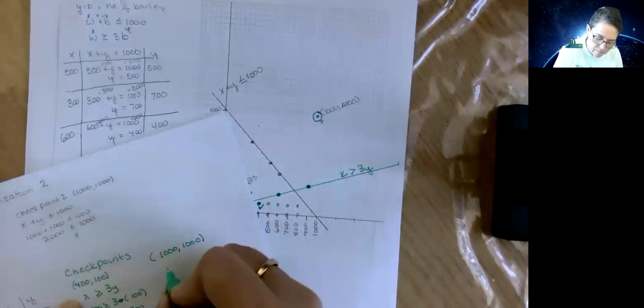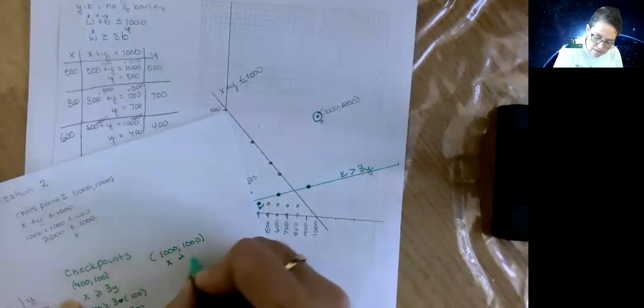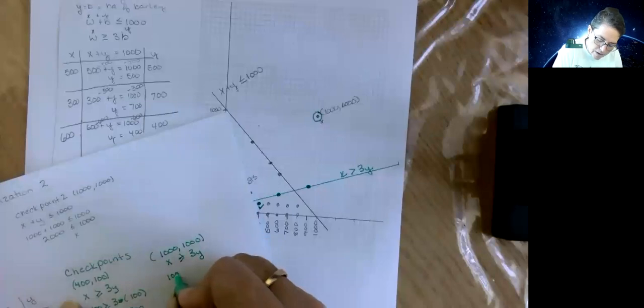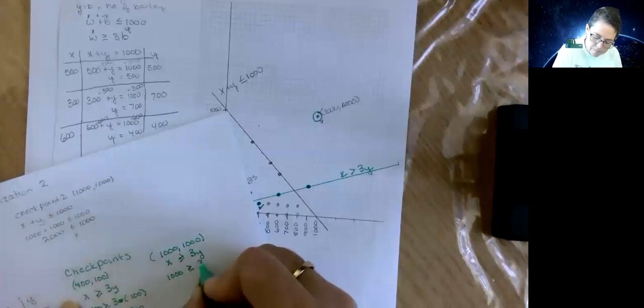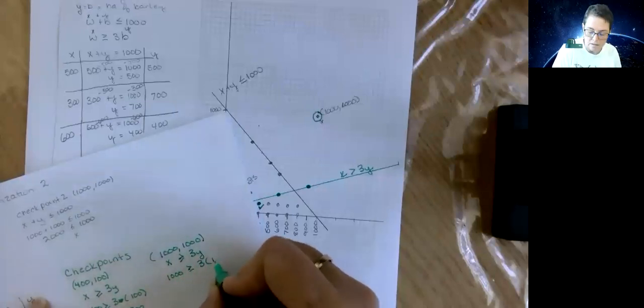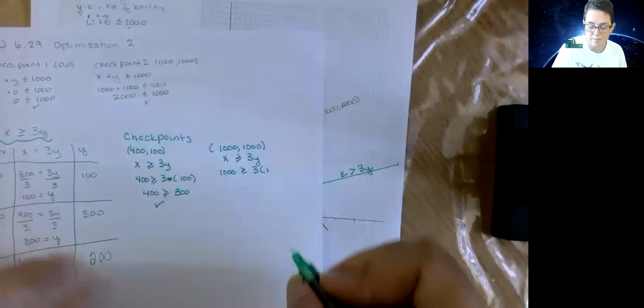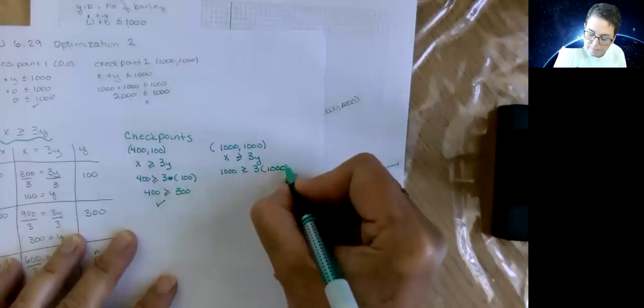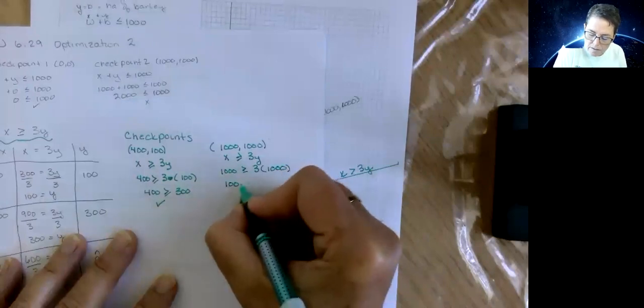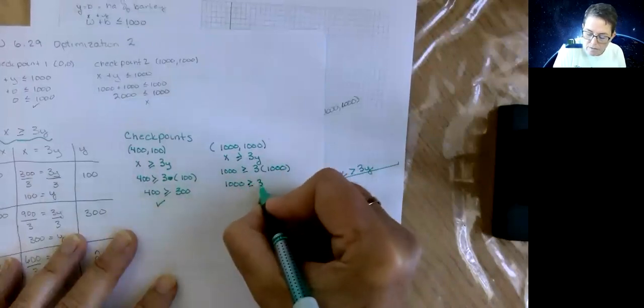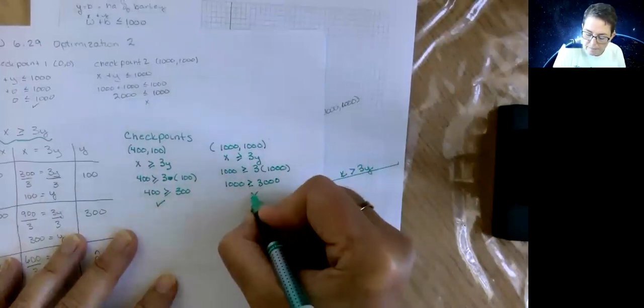So x is greater than or equal to 3y. This isn't going to work. That's okay. It's not supposed to. 3 times 1,000. And is 0 greater than or equal to 3,000? Yeah, not so much.